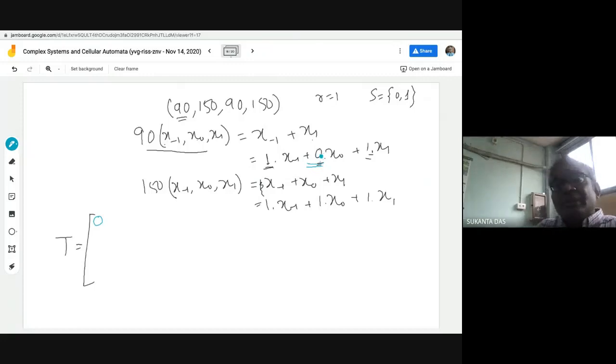Now it is dependent on the left neighbor because there is a 1, but where do I put it? I have considered the null boundary case. So it is the boundary cell, there is none, so don't worry.